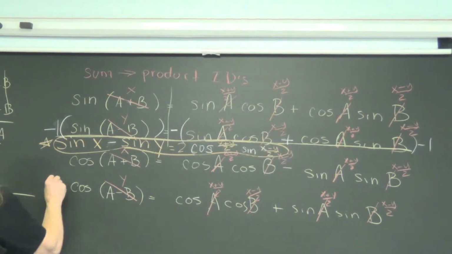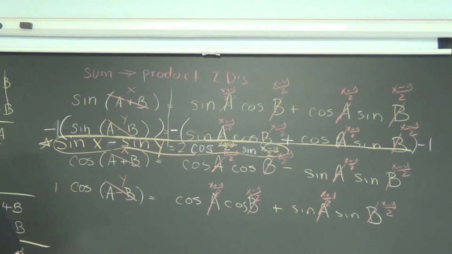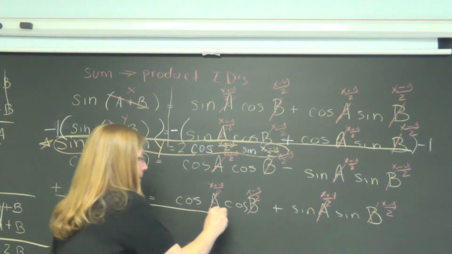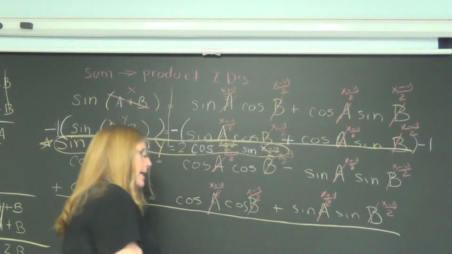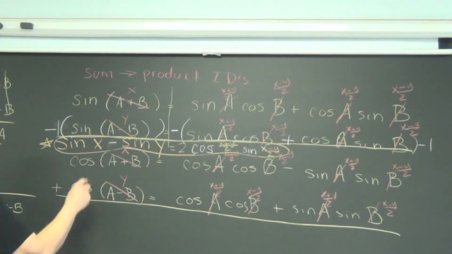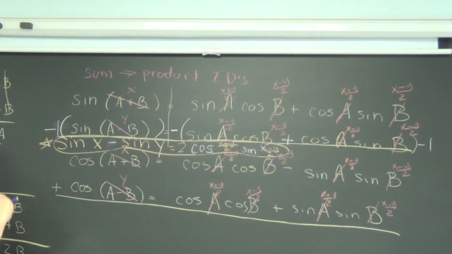Alright, going down to the bottom, you probably can foresee what's going to happen here. I'm going to take the bottom two and add them. Can you go ahead of me without looking, and add the two on the left and the two on the right?